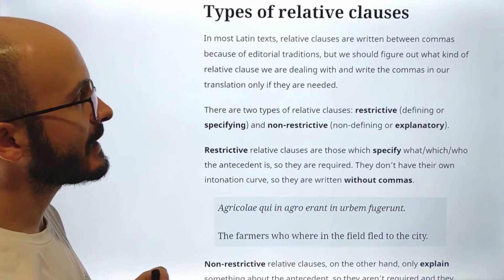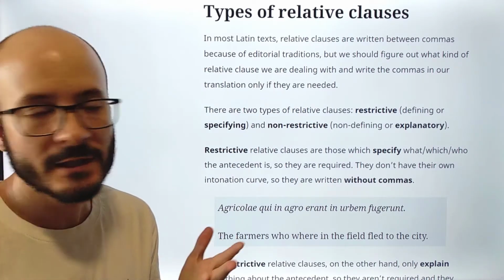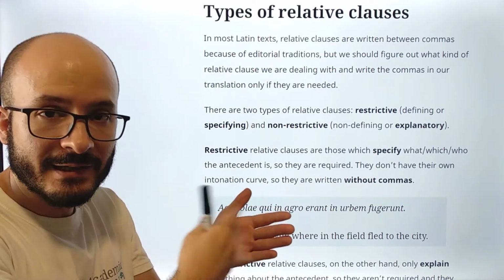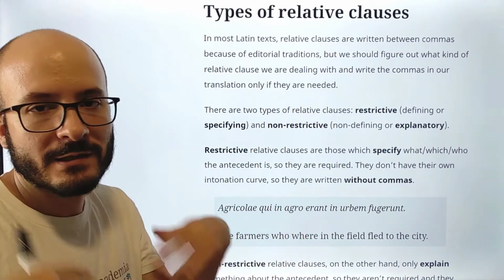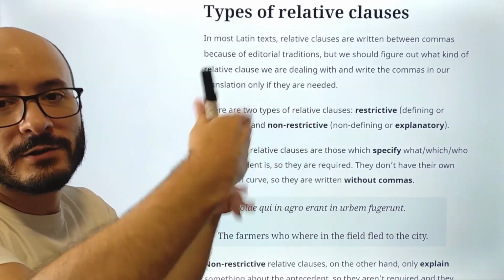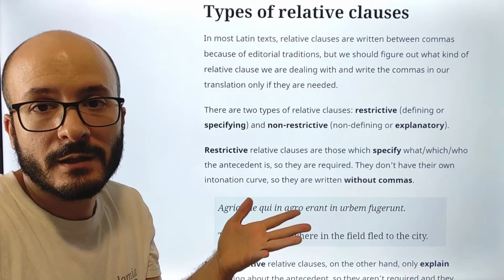In most Latin texts, relative clauses are written between commas because of editorial traditions. Pretty much most Latin texts that we have currently were made by Germans in the 19th century or whatever, so commas are used in a different way than we use them now.